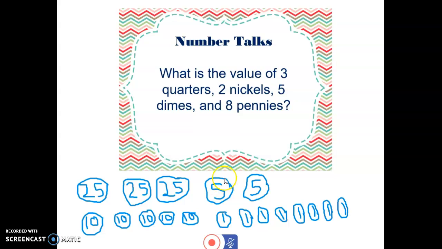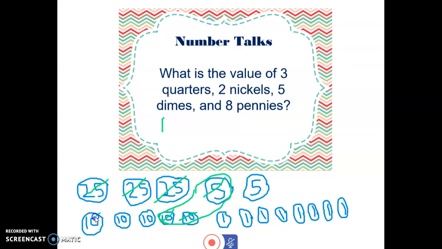So I know that this is a quarter. We also have another quarter here, another quarter here, and another quarter here. So if these coins equal 1 quarter, and I know that 4 quarters equals $1, I'm just going to put a 1 right here.